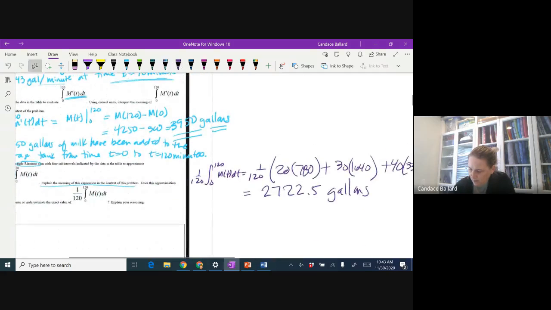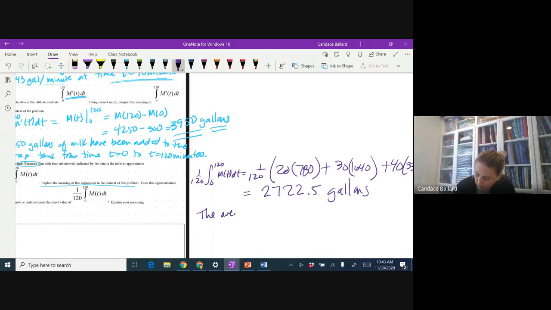All right, so the next piece of this says that we need to explain the meaning in the context of this problem. So because I had that 1 over 120 and I went back to gallons, this is representing the average number of gallons. So we're going to write that out.